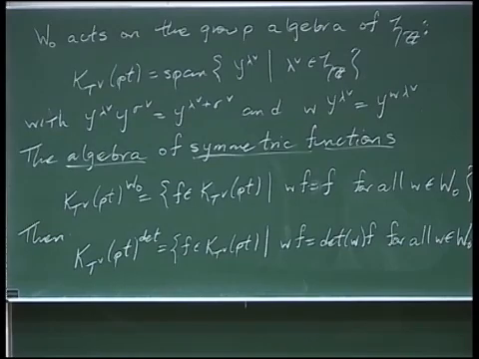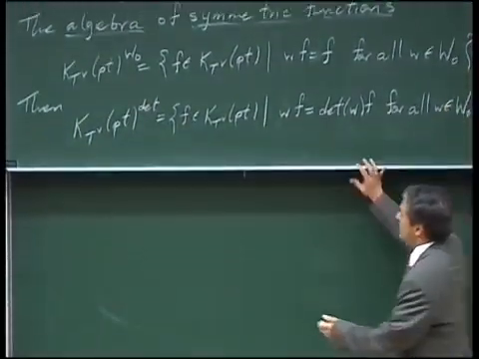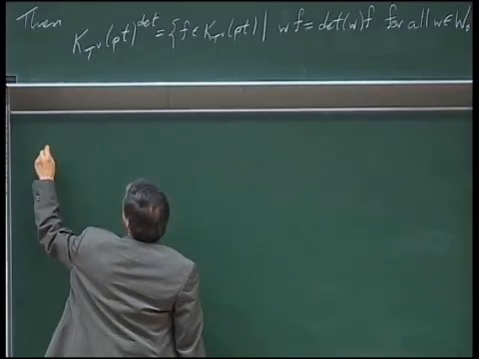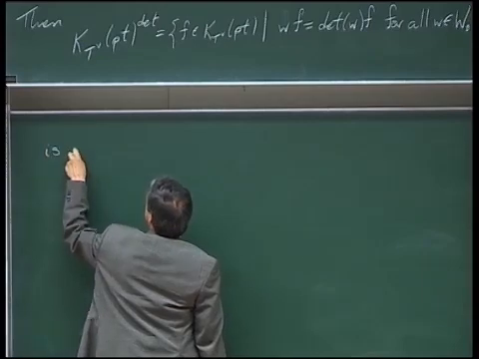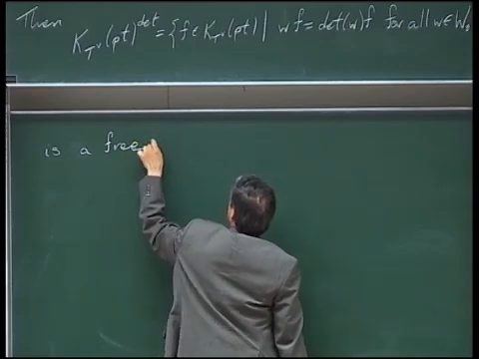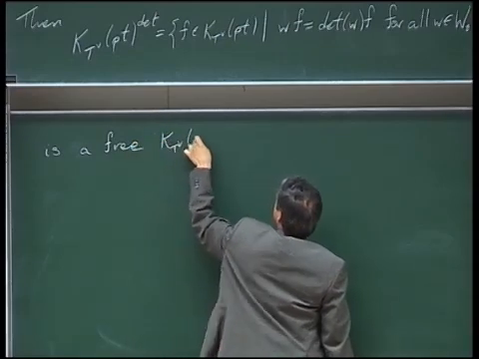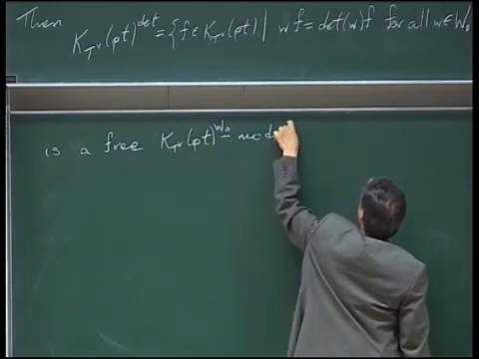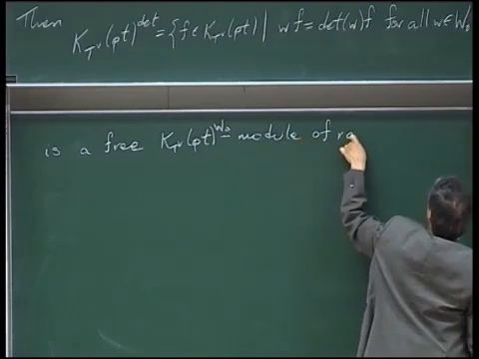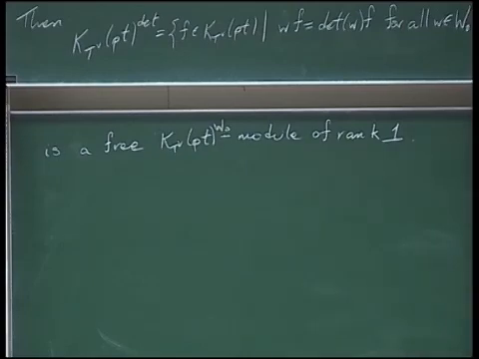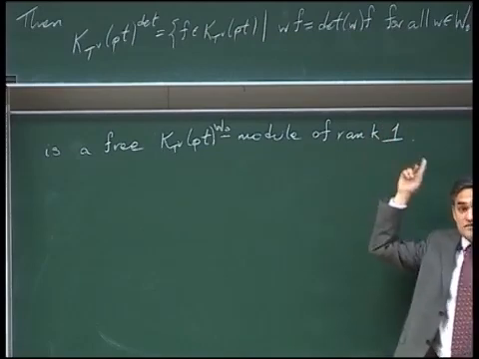If you take the determinant of a matrix, you get a number. That's another one-dimensional representation of W. And the Weyl character formula is essentially the following statement, that this is a free K_T check point mod W naught module of rank 1.